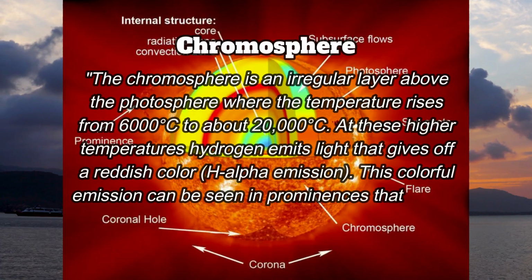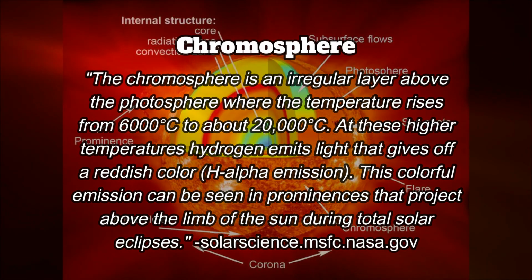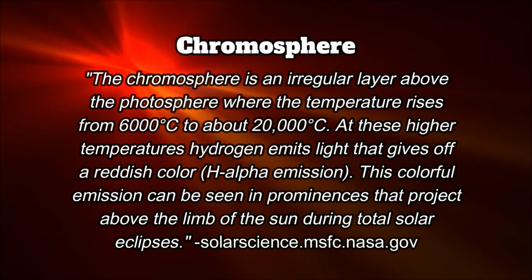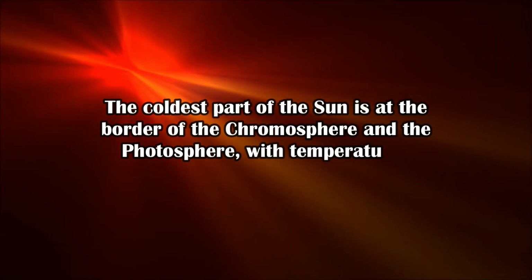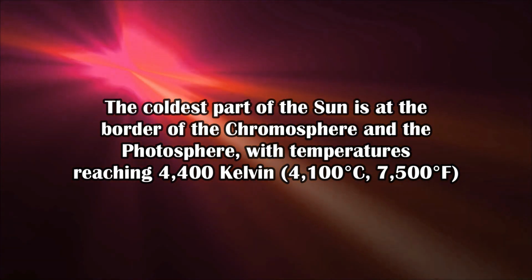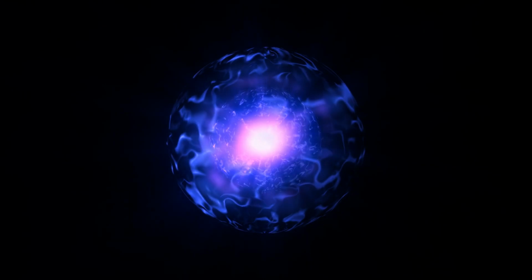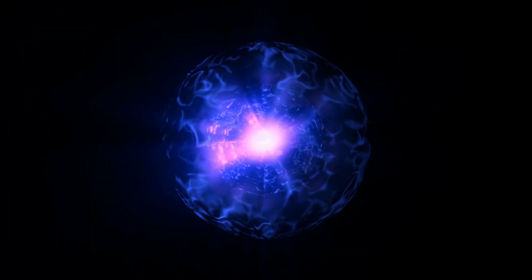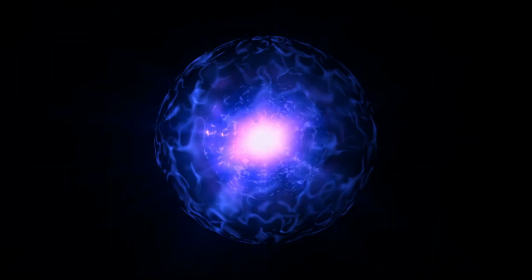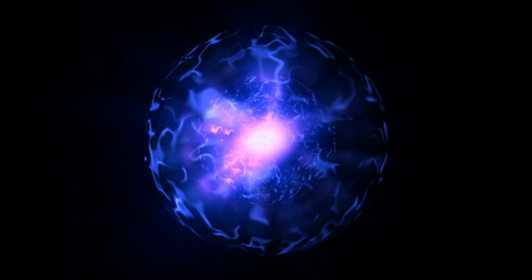Of a pinkish-red color, the chromosphere is about 2,000 kilometers thick and filled with jets of hot gas. At the bottom of the chromosphere, where it borders the photosphere, the Sun is at its coolest of temperatures, reaching 4,400 Kelvin, which gives this layer its pink color. The temperature in the chromosphere, strangely enough, increases the farther you go out, reaching 25,000 Kelvin at the outer edge of this region.